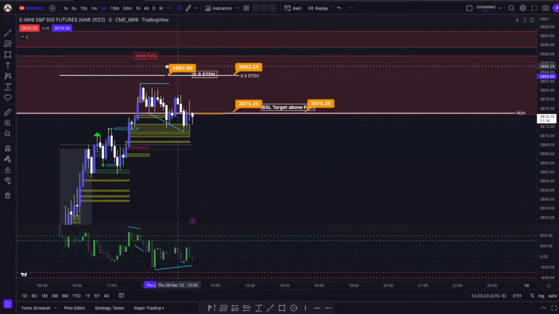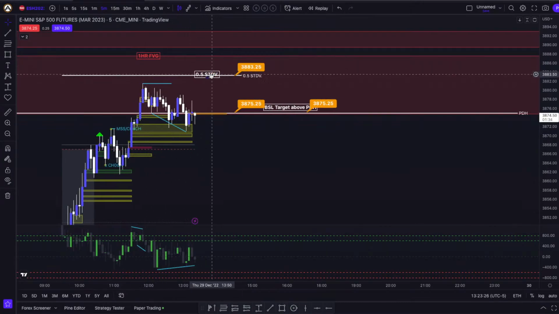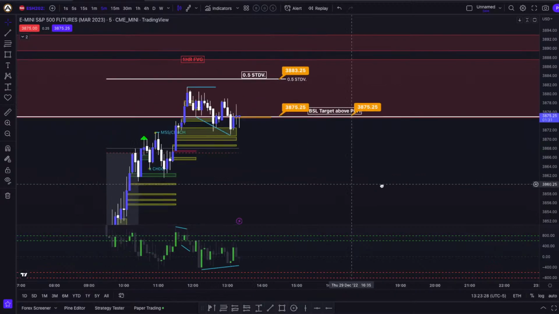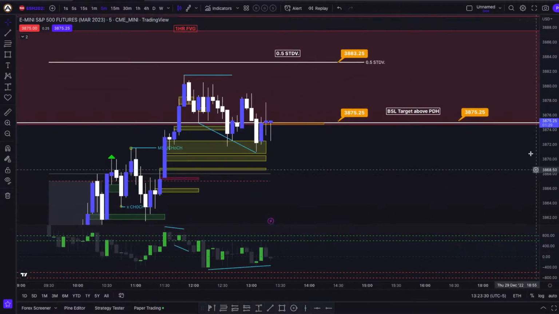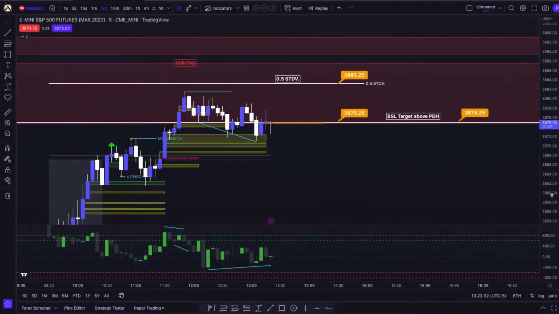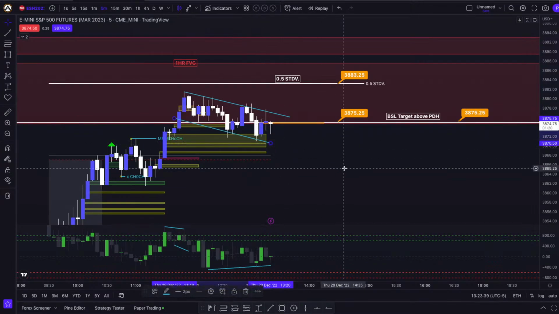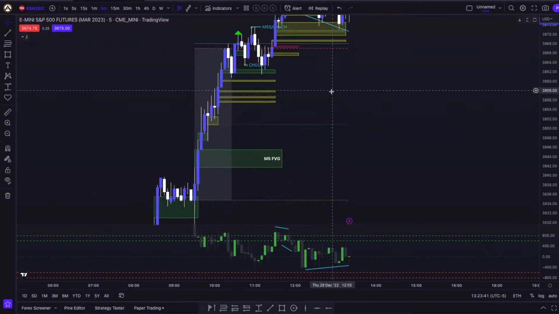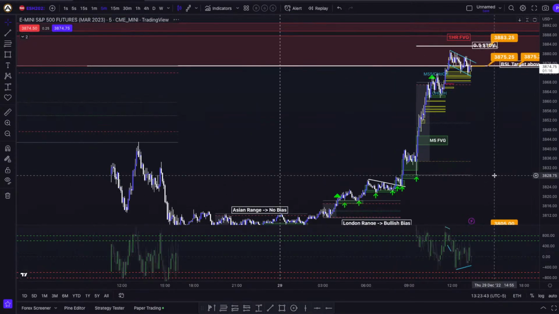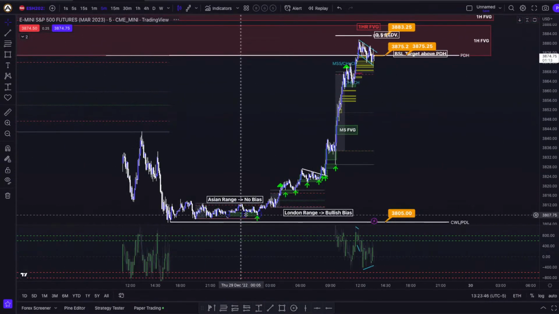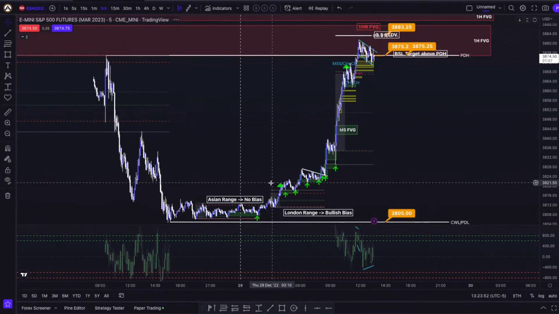Otherwise, I'd say the probability is definitely there that we are going to hit our 0.5 standard deviation, because right now it almost looks like we're just forming some sort of a bullish flag pattern, going sideways, consolidating after, just want to point it out again, a parabolic move to the upside today on S&P 500. So this is really beautiful to see such a straight move to the upside, basically.